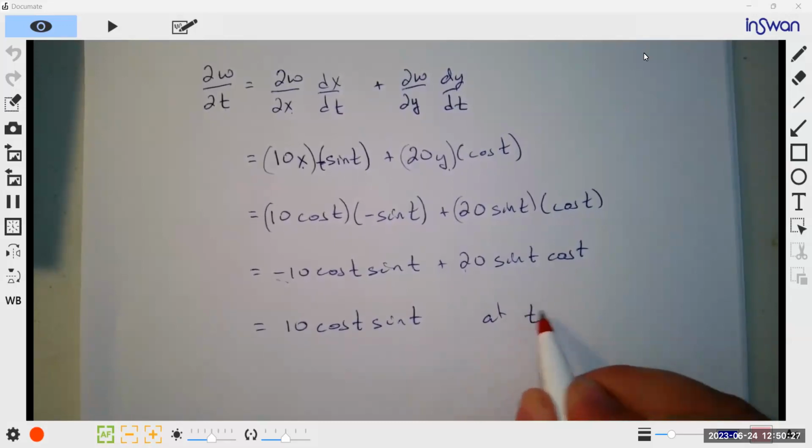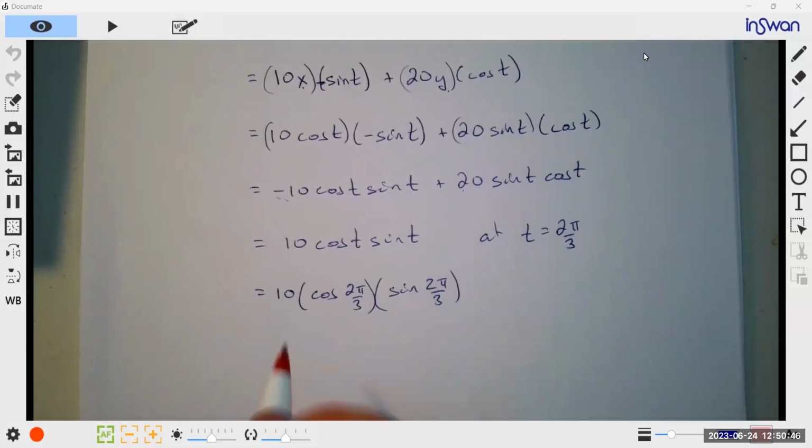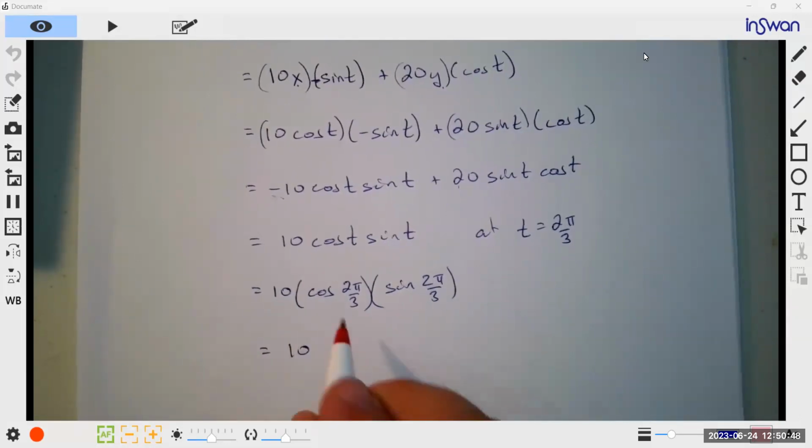At t equals 2 pi over 3, we get 10 cosine 2 pi over 3 times sine 2 pi over 3. Cosine 2 pi over 3 is negative 1/2.